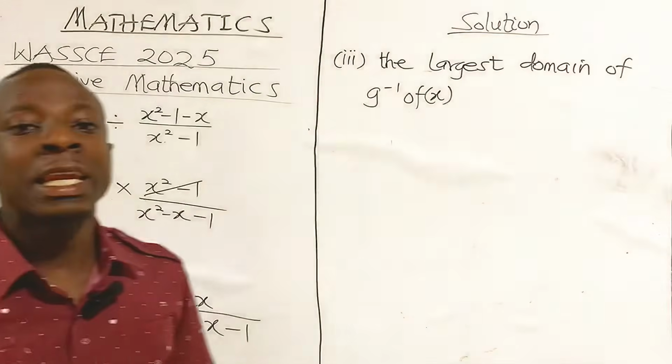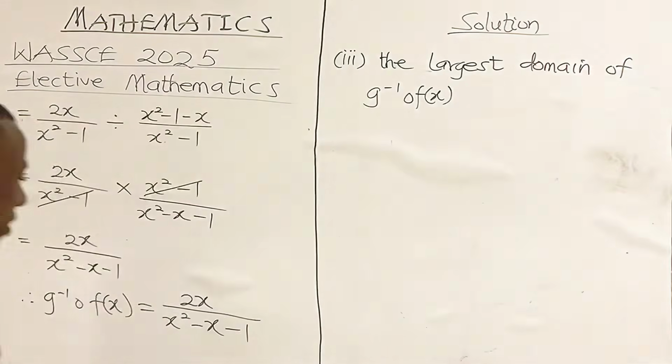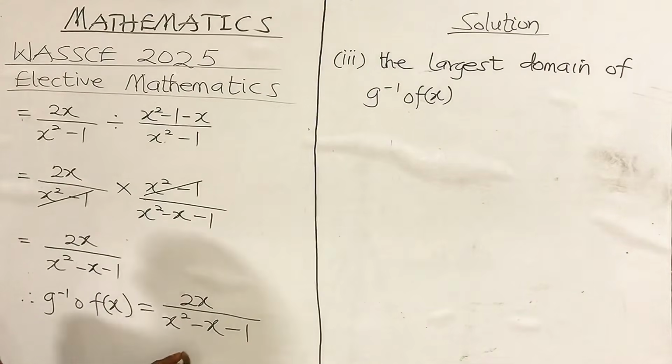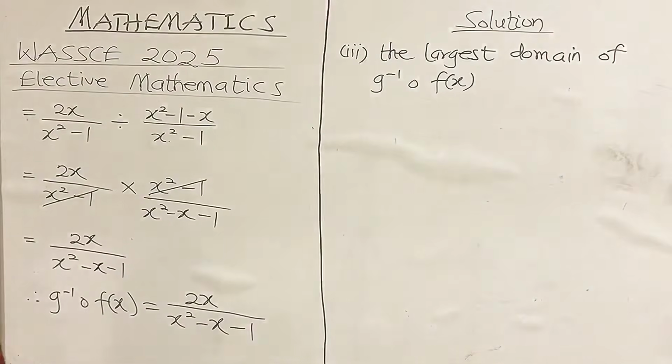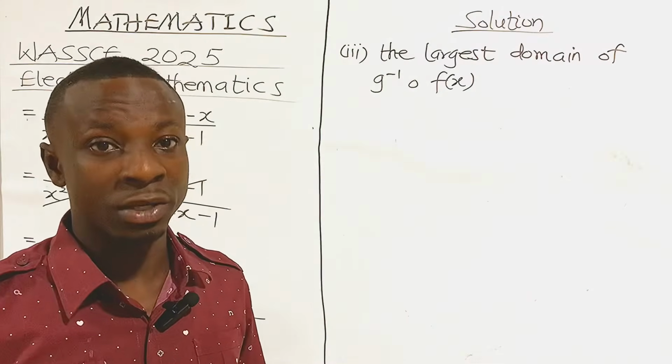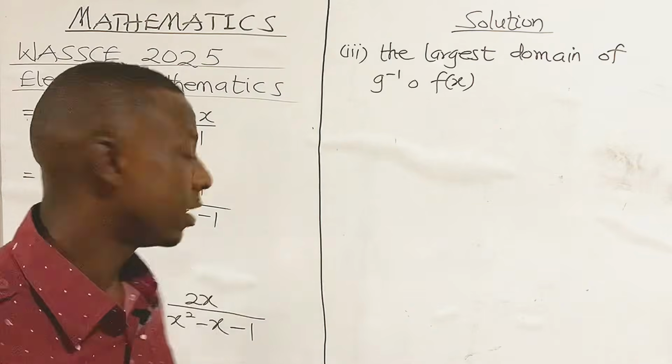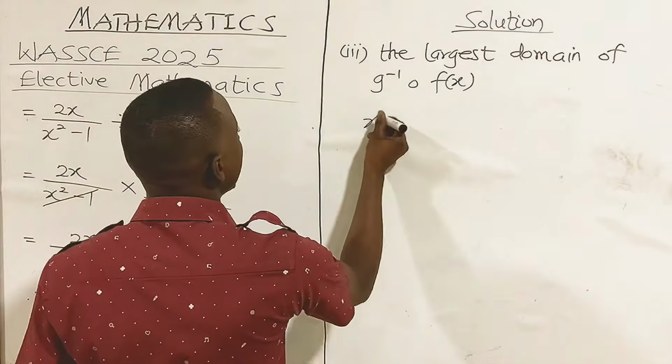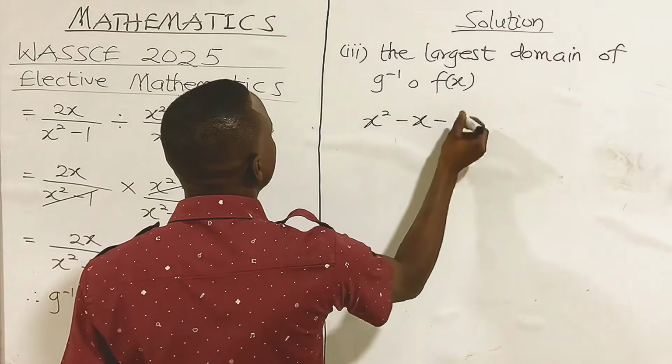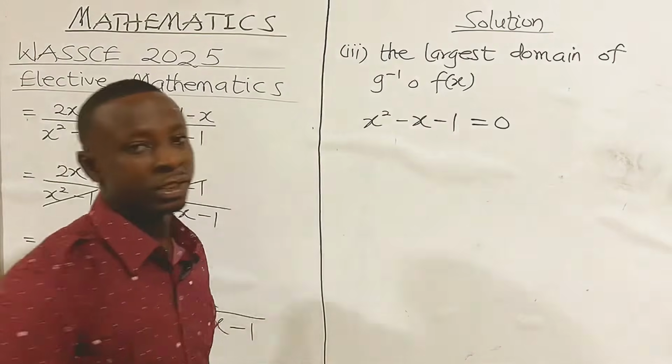Now when you talk about the largest domain, because it's a fraction, we are going to take the denominator and equate it to 0. That is how the domain is found. So we have x squared minus x minus 1 is equal to 0.